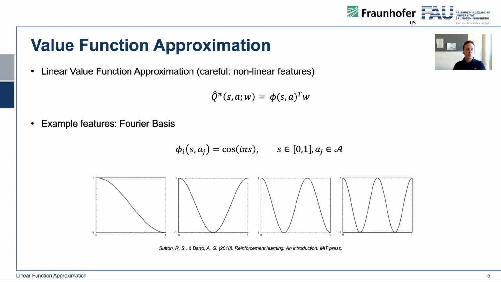What you could also do, which is known very well from image processing, or in general signal processing, is to use the Fourier basis. In this case, you would derive certain basis functions over your input data, and you would find a set of frequencies that describe your data well.